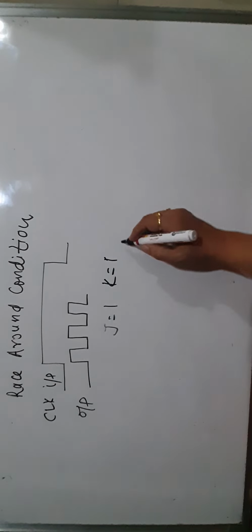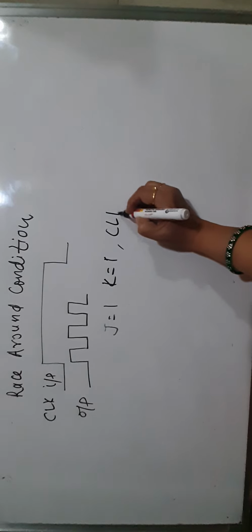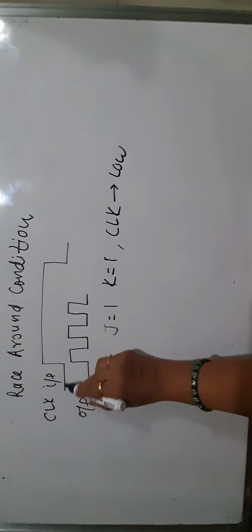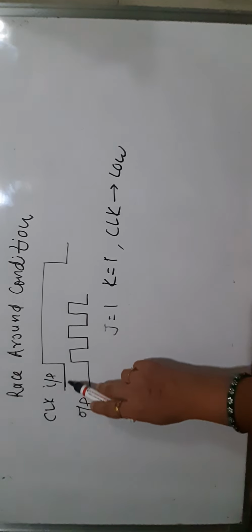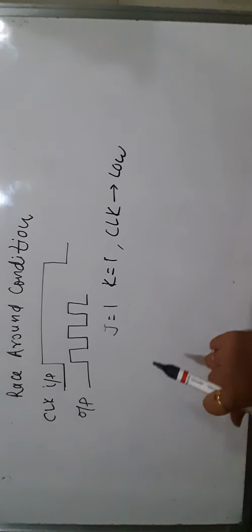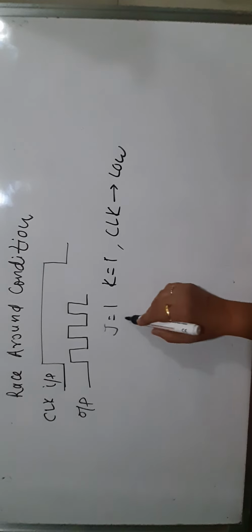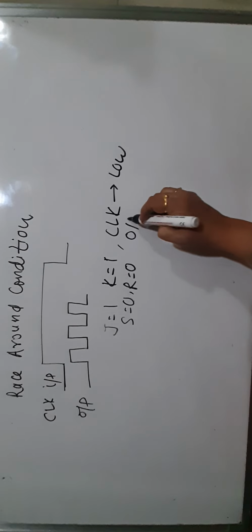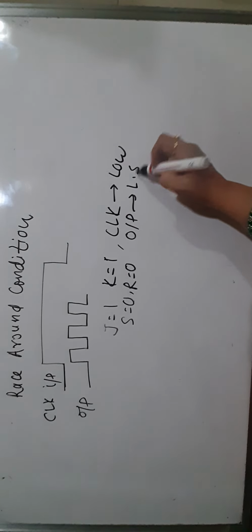Now let's see what is toggling and race around condition. We know when J equals 1 and K equals 1, and if the clock input is low, then as the clock is low, the low signal is given to the AND gates, so the output of the AND gates becomes 0, so S becomes 0, R becomes 0, so the output remains in the last state, no change in the output.